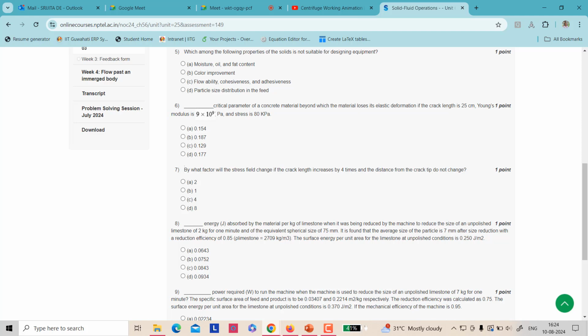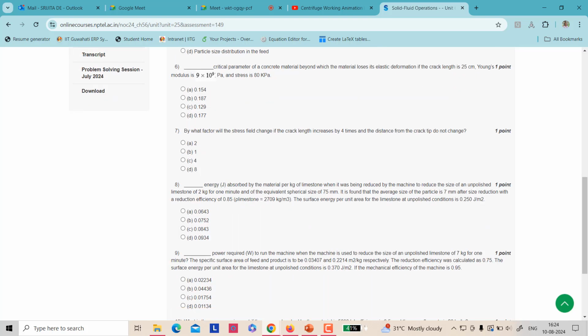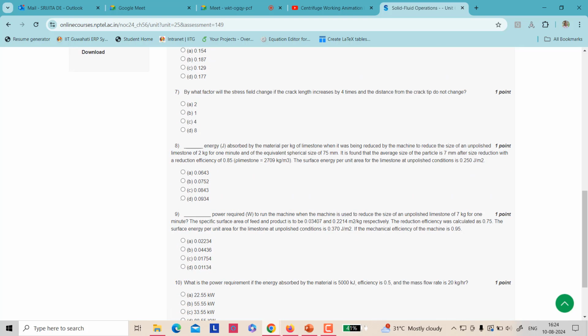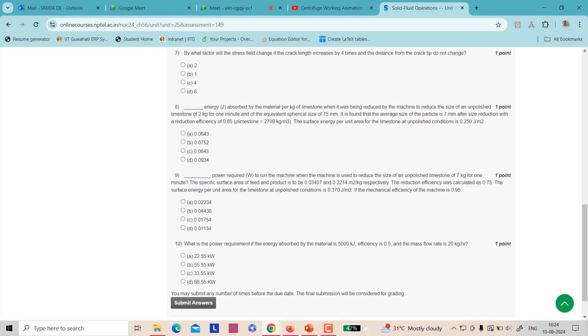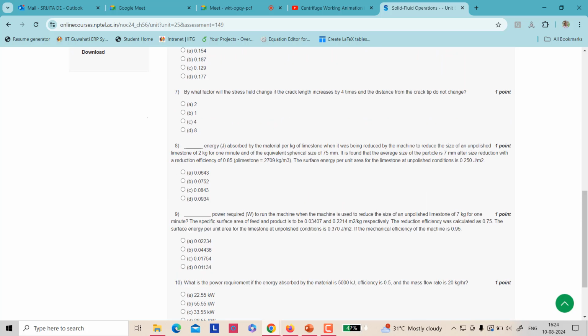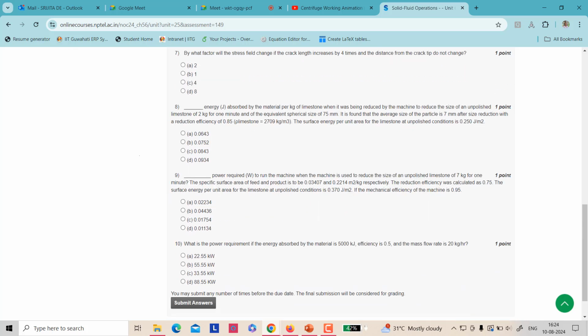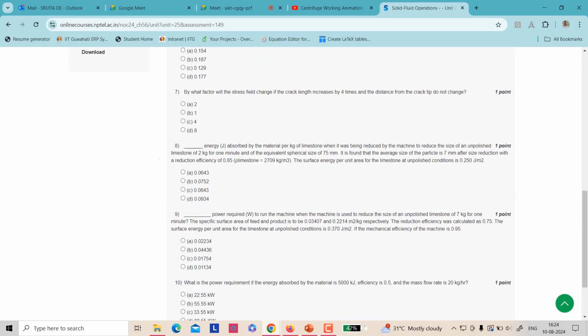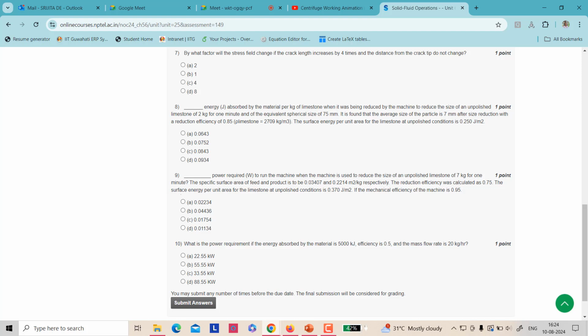Questions 1, 2, 3, and 4 are doubts, so please solve. Next, questions 7, 8, 9, 10. Why is it a doubt? I think it is a size reduction problem, no? Where is the problem? Tell me.